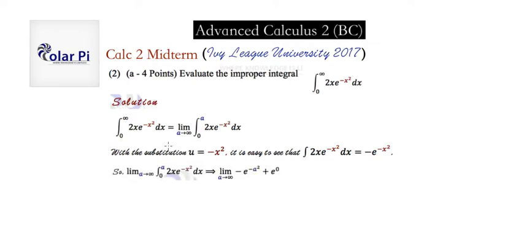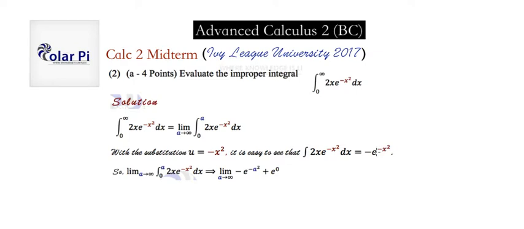If you do u substitution and figure out that this integral is this here, then you can come back to where we left off and say that the limit as a goes to infinity of the integral from 0 to a would be the same as the limit as a goes to infinity of this here evaluated at a and 0.